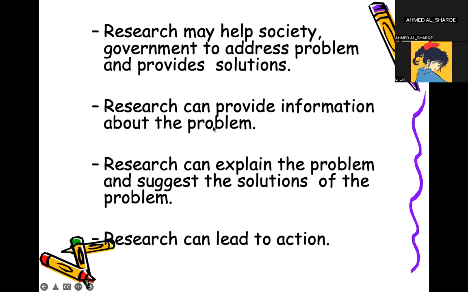So from here, you can actually have two researches coming out. One is to know the problem itself, and the second one is to suggest the solution. What can we do to increase the rice supply to Malaysia to lower the cost? So there are two researches here.